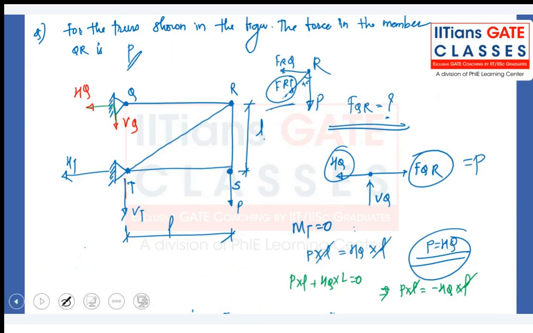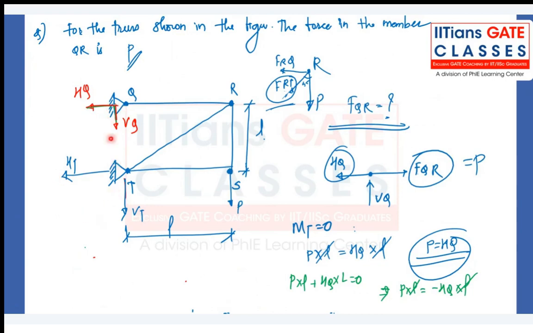Think of it in a general, common way, and apply simple logic or common sense here. If we have a clockwise moment created by force P, what should the balancing reaction be? It should be counterclockwise. And we get a counterclockwise moment when HQ is in this direction.